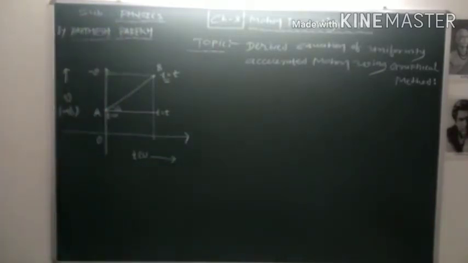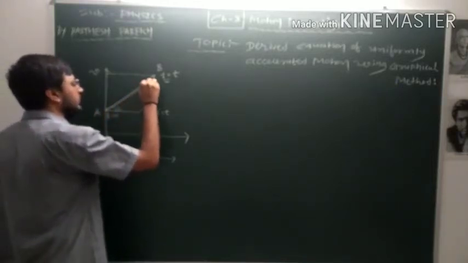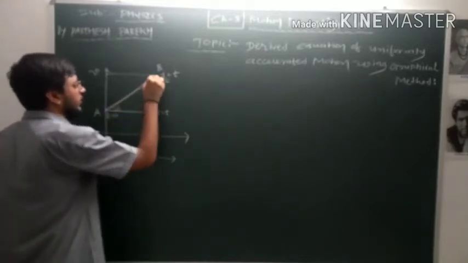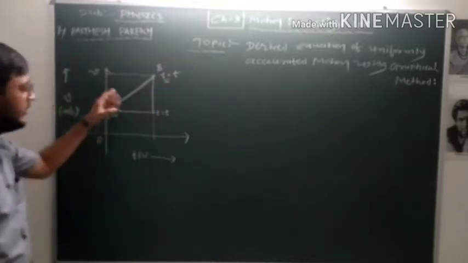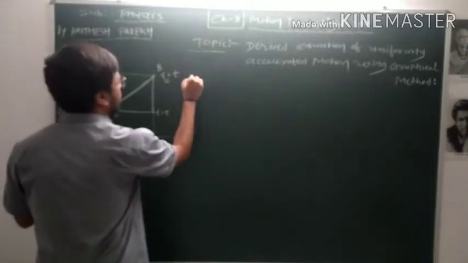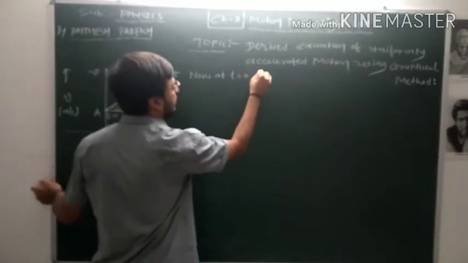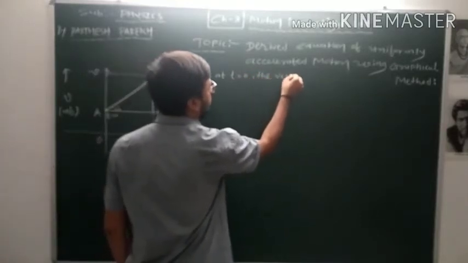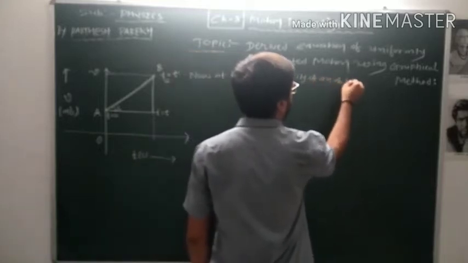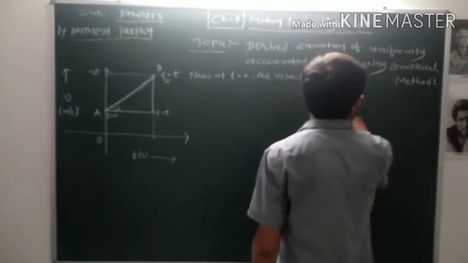Now we find the slope of this graph, which gives the acceleration. At t equals 0, the velocity of the object is v naught.